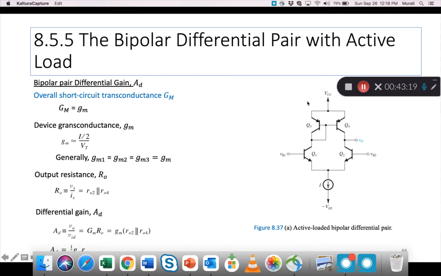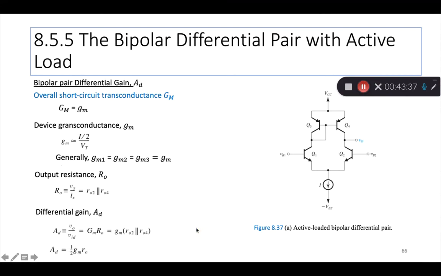So these are NPN, this is PNP. We still have a constant current source for biasing, I, and then we have VEE on the emitter side, and instead of VDD we have VCC here, right? So the same logic holds as what we studied for MOS.